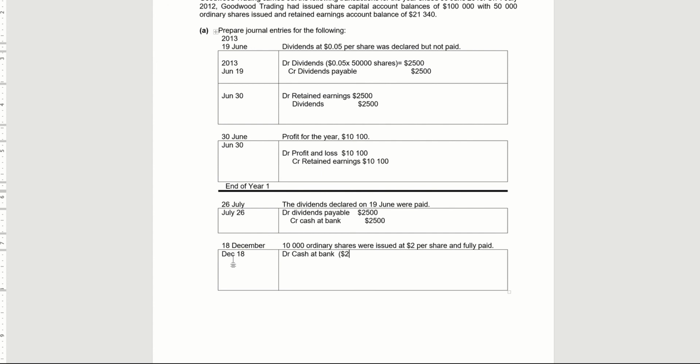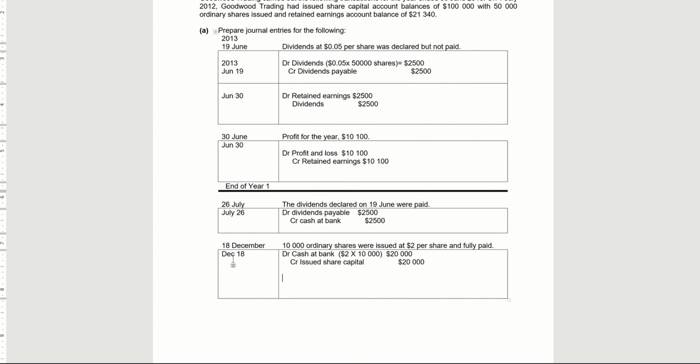Since the shares are issued at $2 per share and they managed to issue 10,000, this is the amount of money that will be raised and debited into the business cash at bank. So debit cash at bank, credit issued share capital. Take note, it's called issued share capital, not just capital.